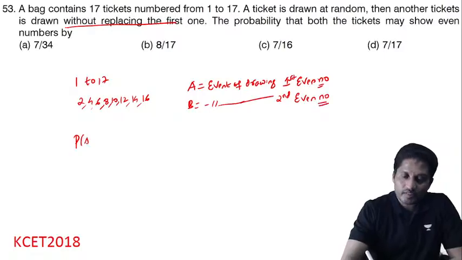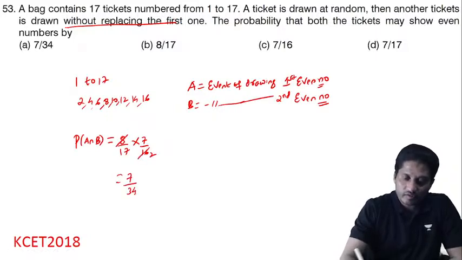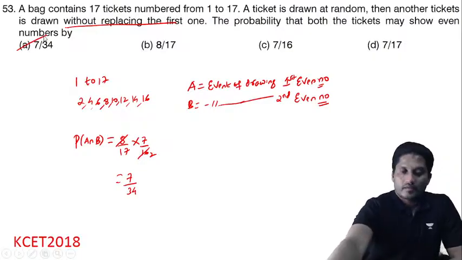Probability that both the numbers are even, right? Probability of drawing the first even number is 8 divided by 17. Then probability of drawing the second even number is 7 divided by 16. Cancel 2 times. Get 7 divided by 34. First option. Right, let's move to the next question.